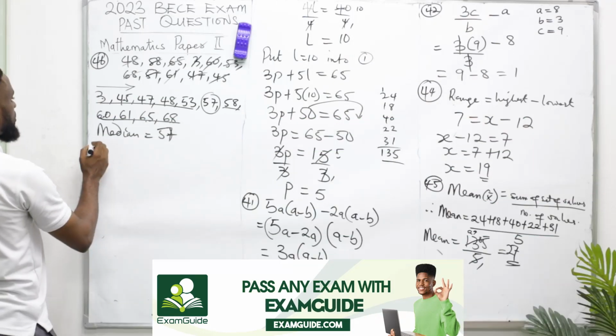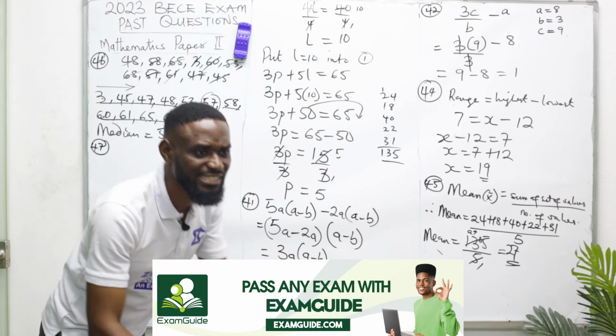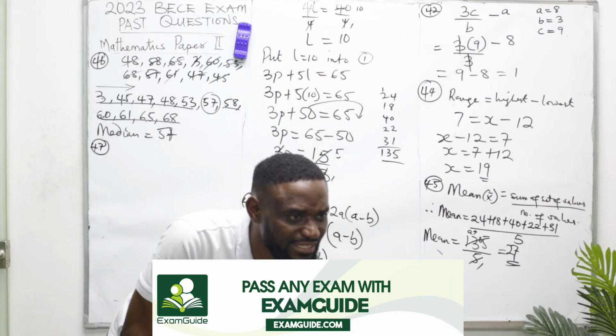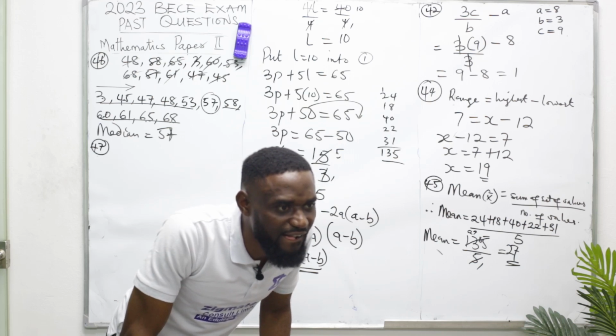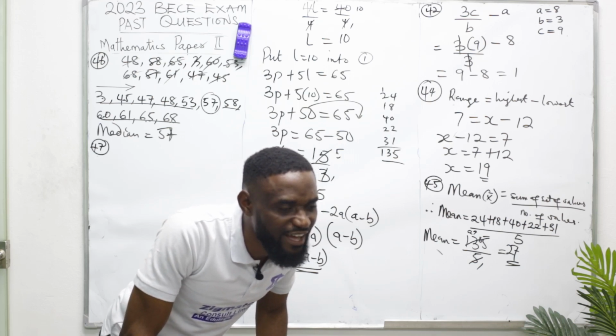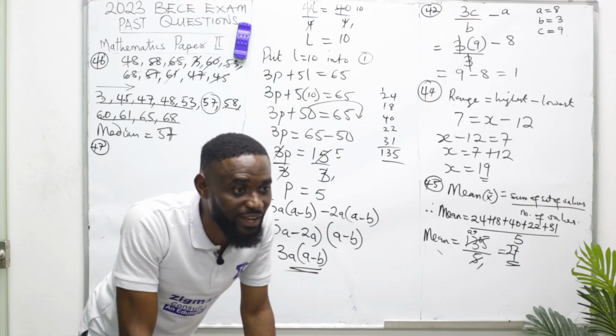This is what I mean, that 47. So we have the list there as 37, right? Okay, 37, we have 40, and all that. So see what we are just going to do.